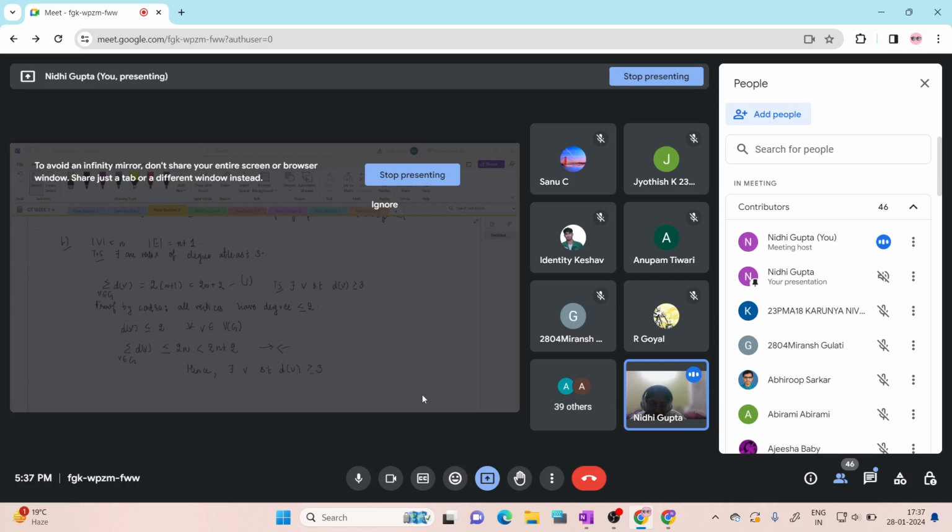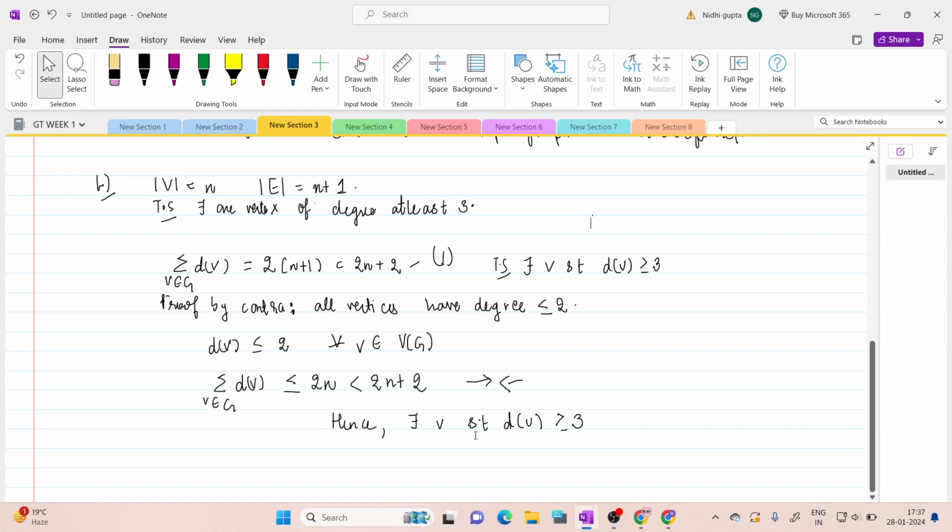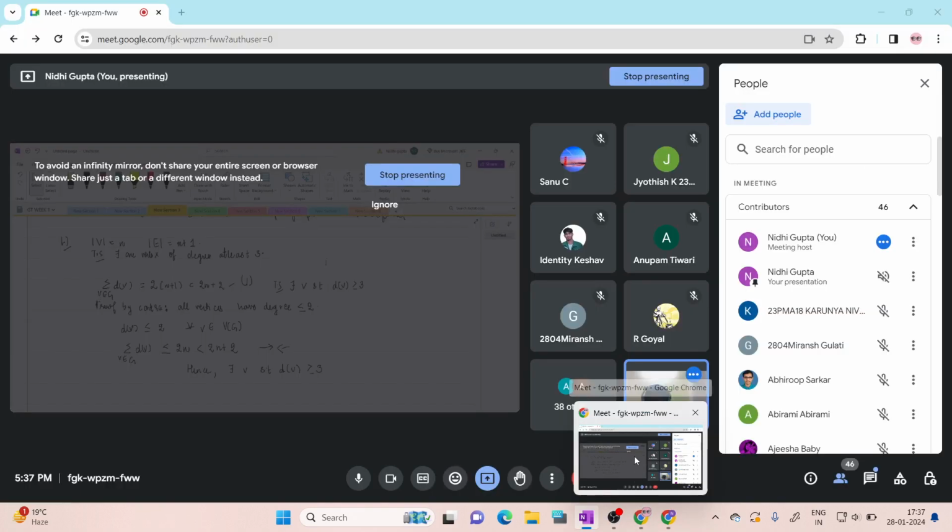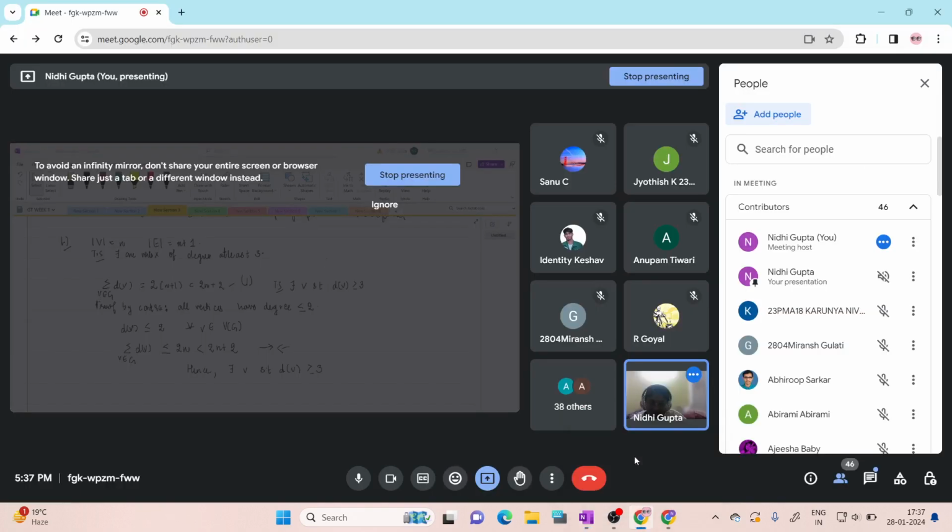If you are taking a star with two edges going out, then that graph has three vertices and two edges. So it is not satisfying the hypothesis of part B. Part B just says that if G is a graph with n vertices and n plus 1 edges, then there should be a vertex of degree at least 3. Is part B clear to everyone?